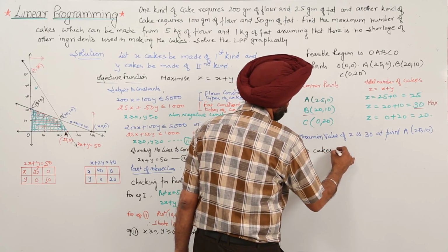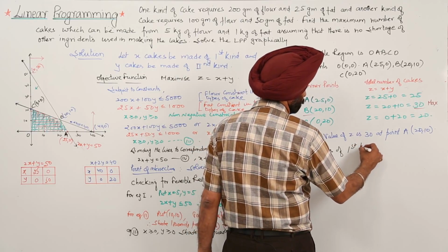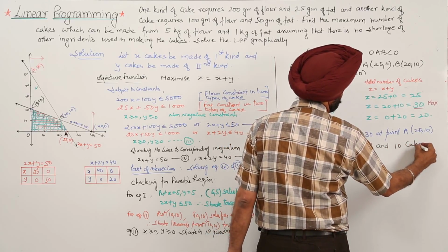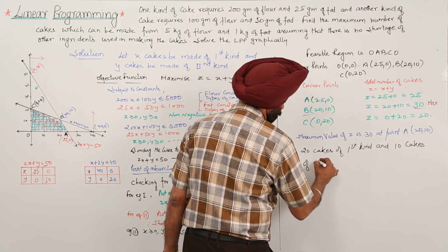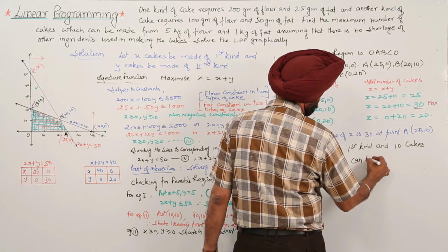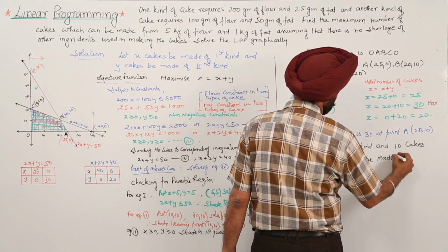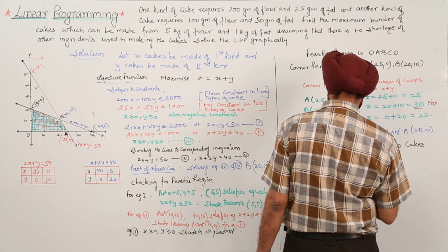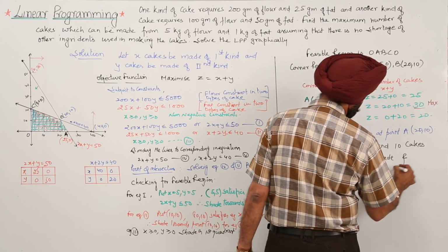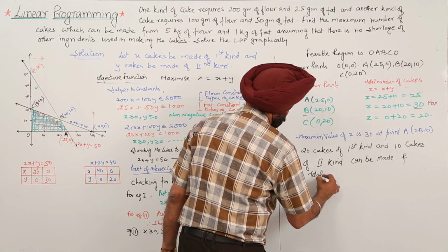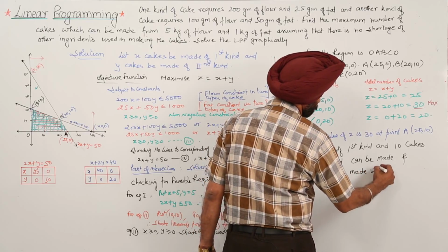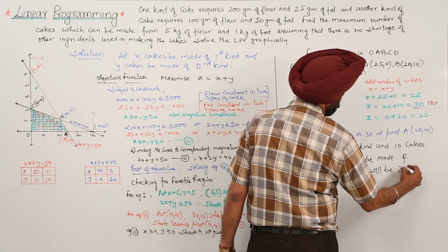Now finally, 20 cakes of first kind and 10 cakes of second kind can be made, and the total cakes made will be 30.